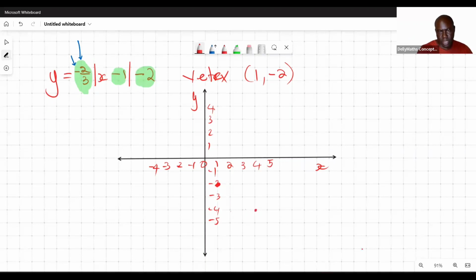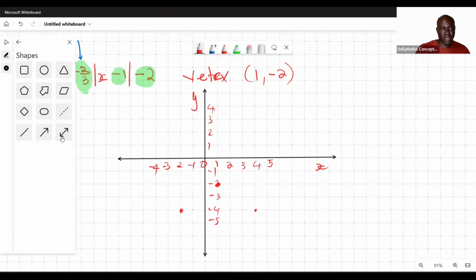That's 1 point. And I could do the same. So down 2, 1, 2, across 3, 1, 2, 3, coming here. All right. And the moment I have that, then I'm good. I just draw a line through that. And there I have it. My absolute value will take on that shape.